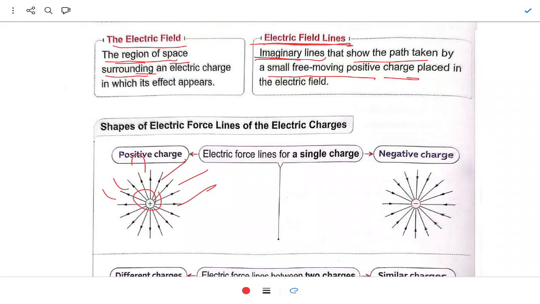These lines come out of the positive charge, but enter inside the negative charge. So they get into the negative charge and come out of the positive charge.